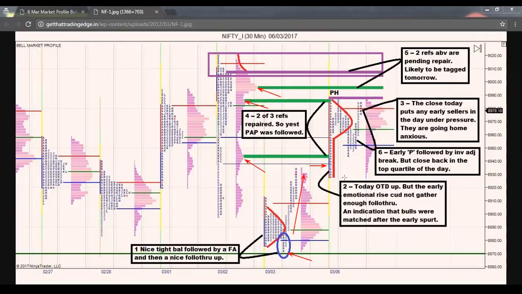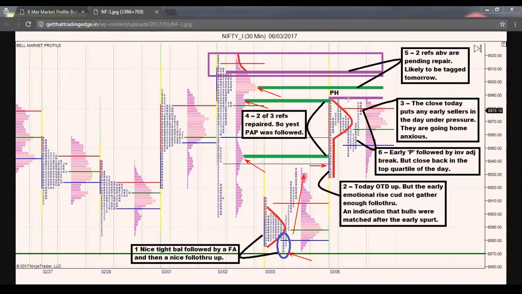But the problem was that it was pretty wide, and such stretched out moves early on in the day are usually emotional in nature. So that rise being emotional could not generate any subsequent follow through. That was an indication that the bulls were matched after the early buying spurt.